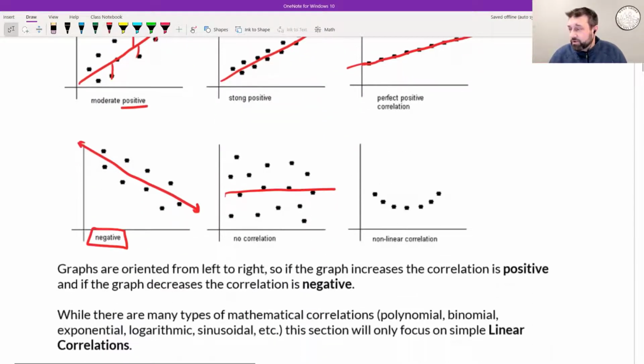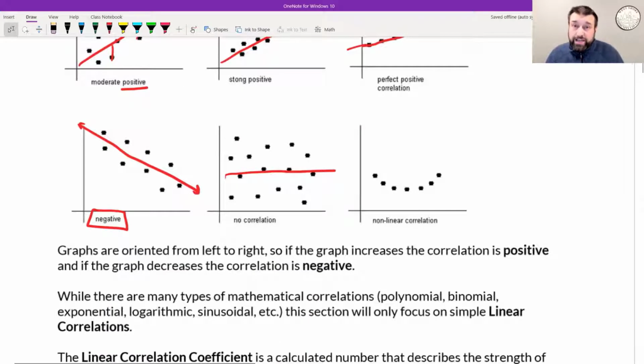And then probably the most interesting ones, which we will not talk about in this class, are non-linear correlations. These are correlations that are maybe parabolic, like a parabola, and their equation would be something like ax squared plus bx plus c. Remember parabolas maybe from algebra 2, quadratic equations, factoring and finding the zeros using completing the square.